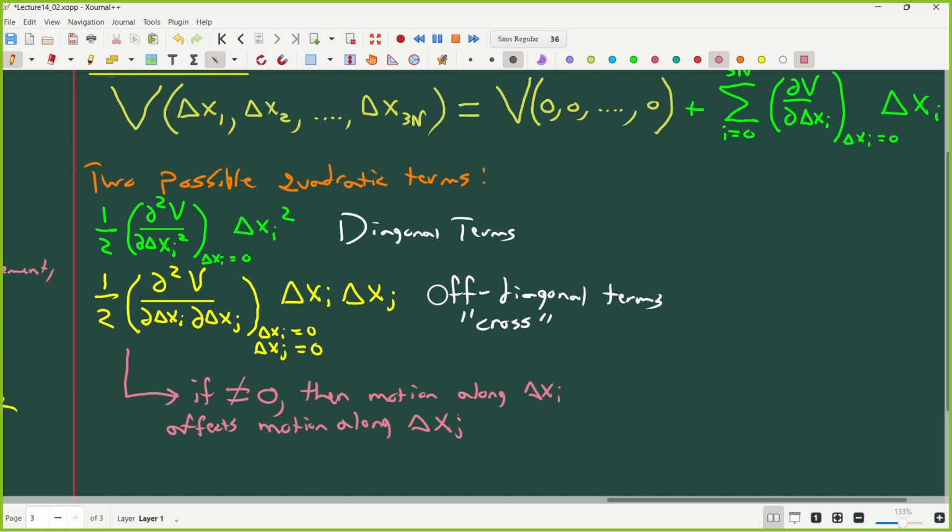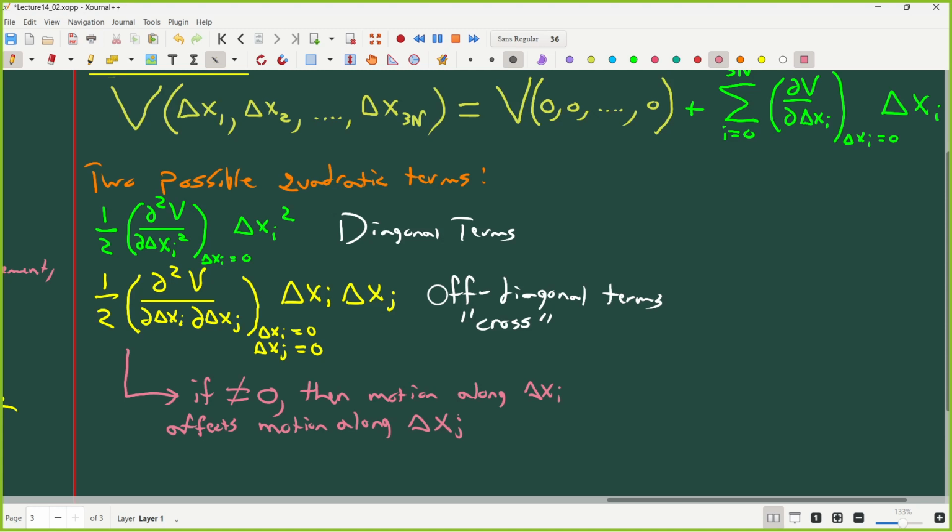All right, so these terms are a real problem for us. We want to get rid of these terms, because what we want is a set of coordinates where they just look like harmonic oscillators along one coordinate. We want the diagonal terms, the ones at the top. We want everything to look like this, because you can move along any coordinate you want, any of the x sub i's, and it doesn't affect the other ones.